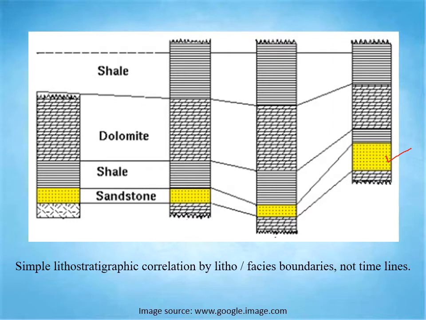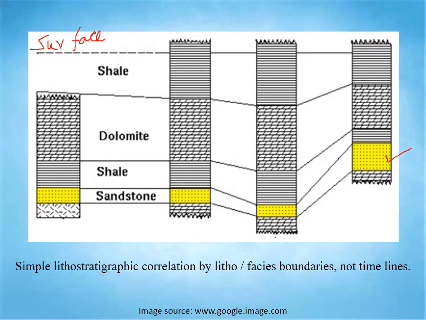But from the surface, they are at different depths, if we consider this as the surface condition. We can see that this yellow colored layer's depth from the surface is different for different columns. Okay. Now we firstly have to look at whether their lithology is the same or not.